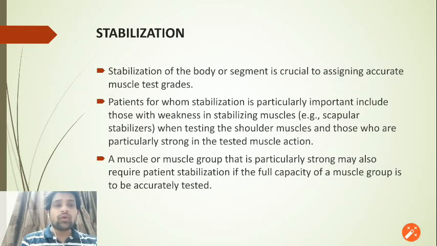Patients for whom stabilization is particularly important include those with weakness in stabilizing muscles, for example, scapular stabilizers when testing the shoulder muscles, and those who are particularly strong in the tested muscle action. A muscle or muscle group that is particularly strong may also require patient stabilization if the full capacity of the muscle group is to be accurately tested.